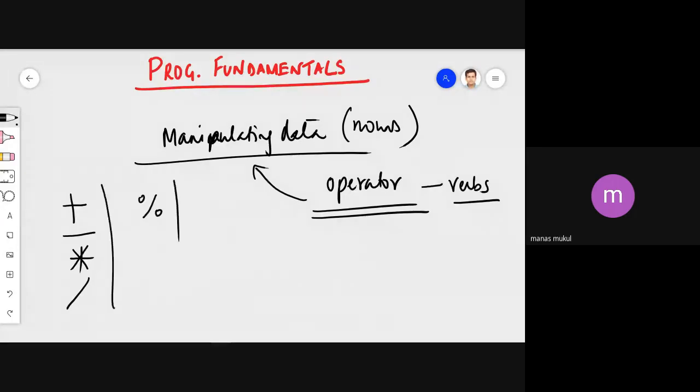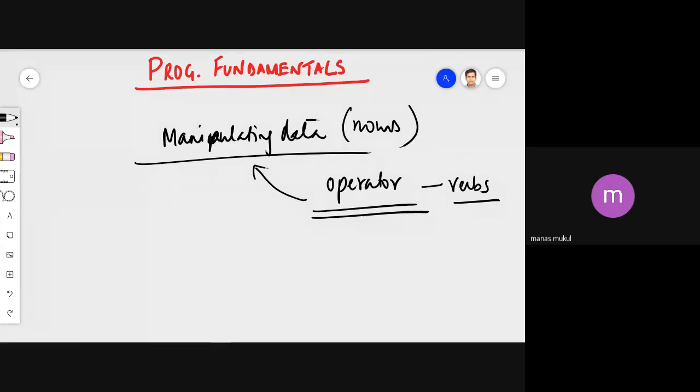These are some of the operators that you already know of. But the C programming language has got a rich set of operators. That means there are lots and lots of operators. These are not the only operators that we are going to discuss, but there are many more operators that the C programming language has to offer.